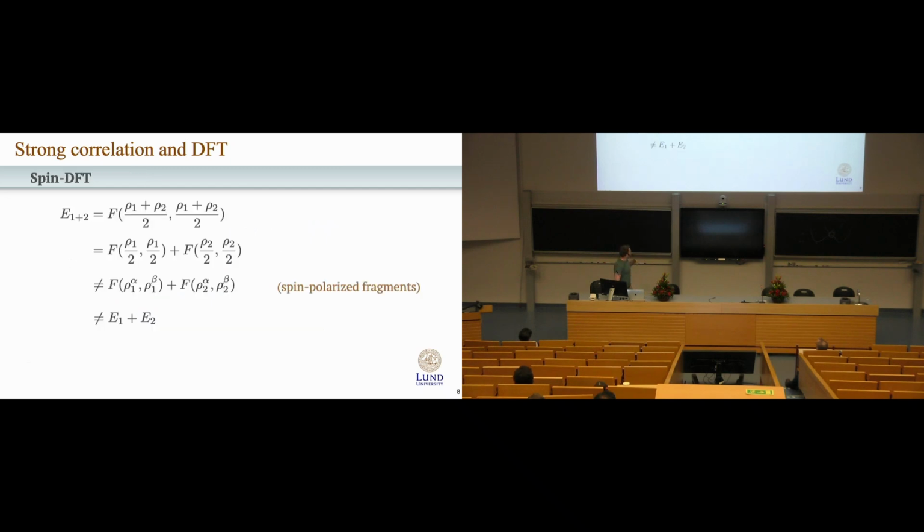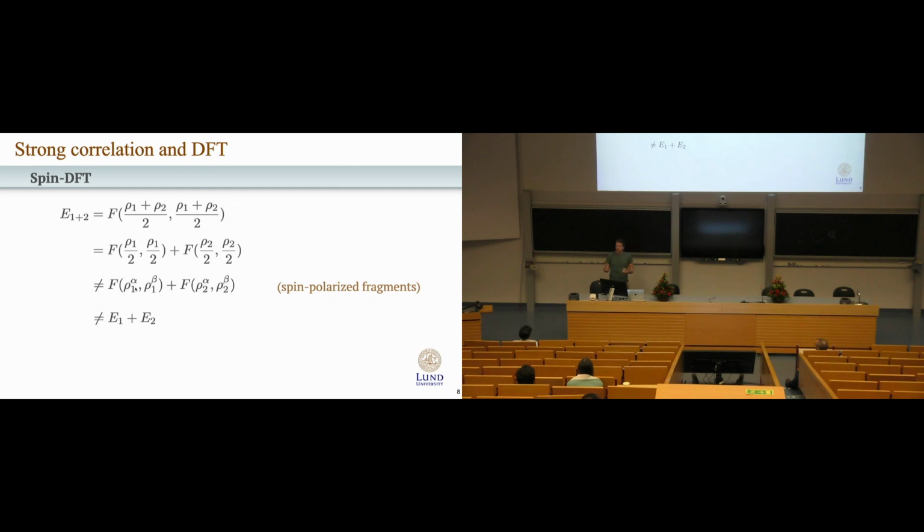And you can see it again by changing this constant from before. So now we have the two densities, alpha and beta. And if I forbid to use symmetry breaking, those two are simply half of the total density. Again, I'm using locality, so it's now subsystem 1, subsystem 2, fine. And that's not equal to the way you're computing each fragment, because each fragment, you're doing it with spin projection.